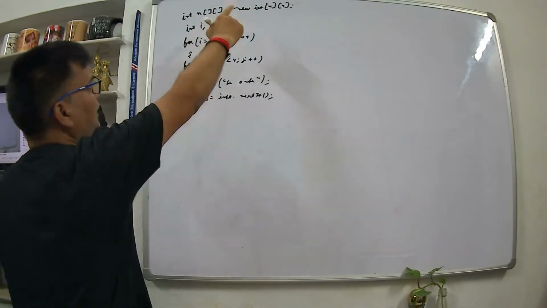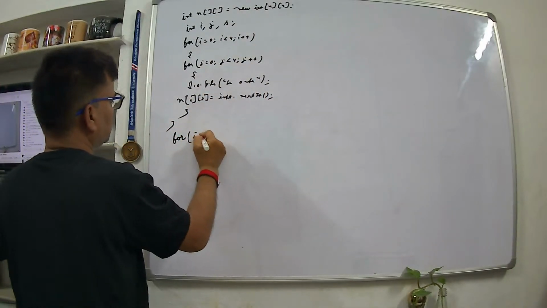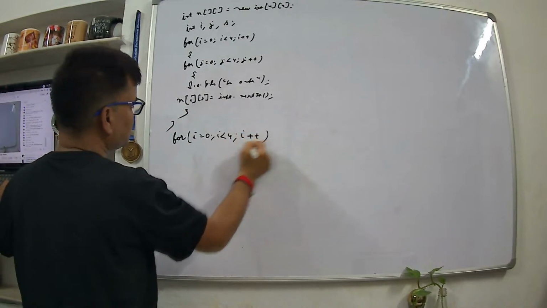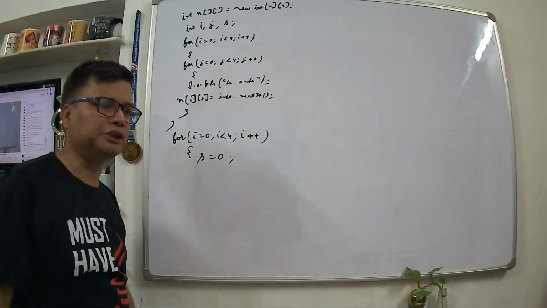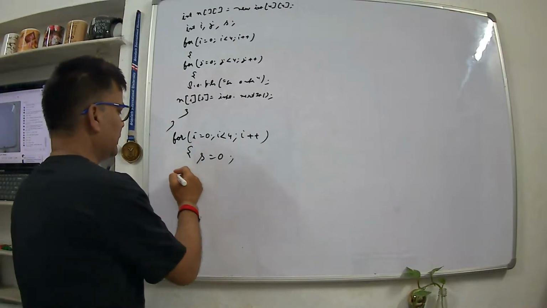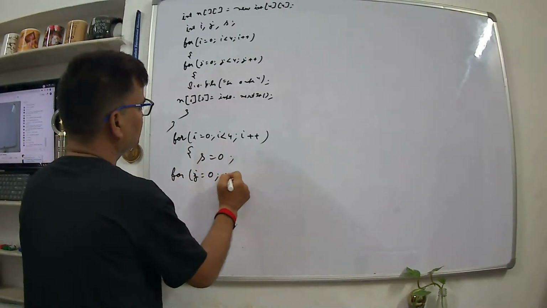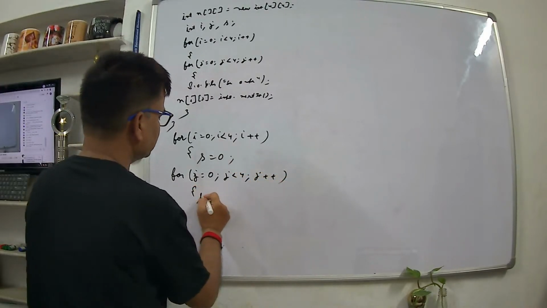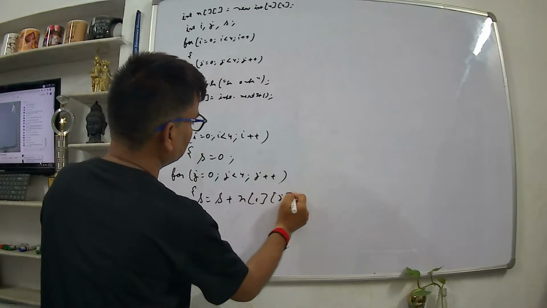Now I have to find the sum of each row. So what we'll do, for i equal to 0, i less than 4, i plus plus. I initialize the s by 0. For every row, I'm initializing the sum as 0, and then I'm taking it up here. For j equal to 0, j less than 4, j plus plus, s is equal to s plus n[i][j].